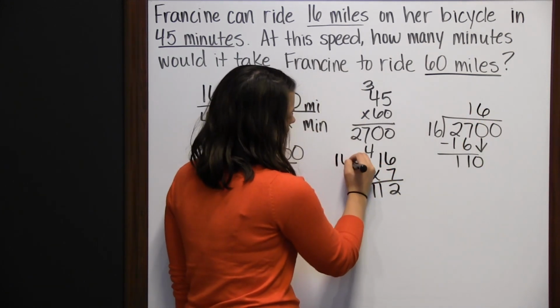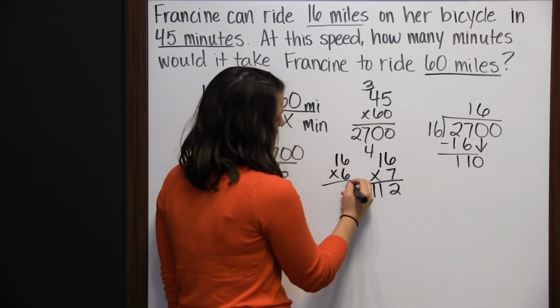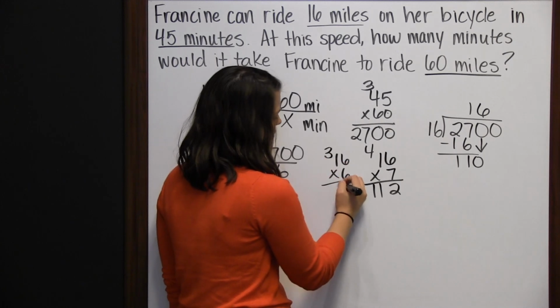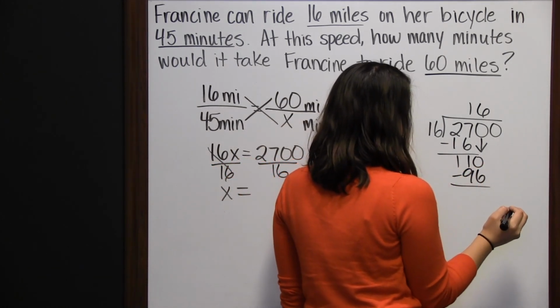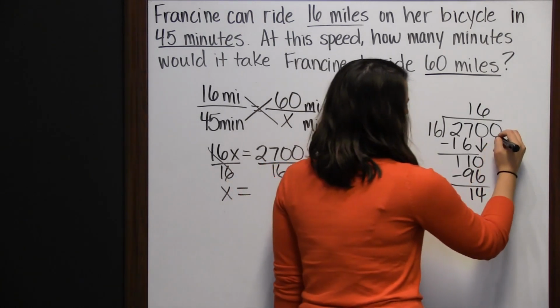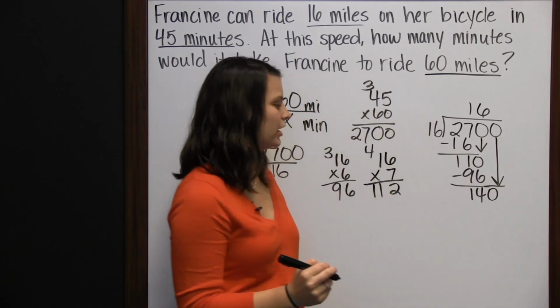So 16 times 6. 6 times 6 is 36. 6 times 1 is 6, plus 3 is 9. And that works. So we need to subtract, and we get 14. Then we bring down our next 0. So we have 140.